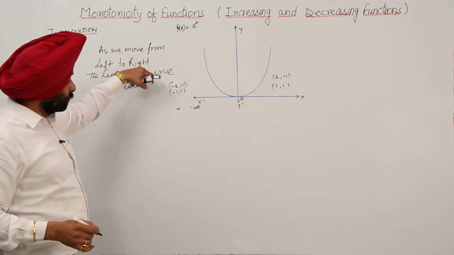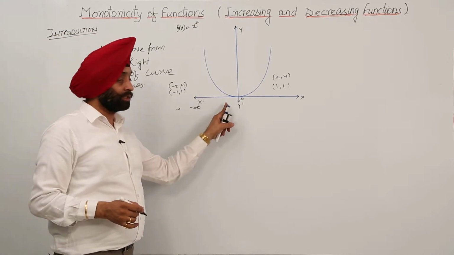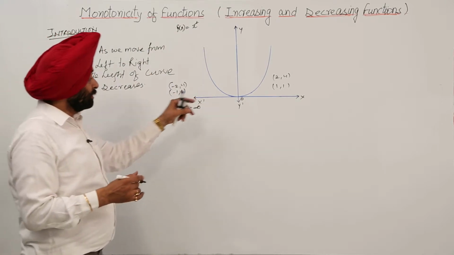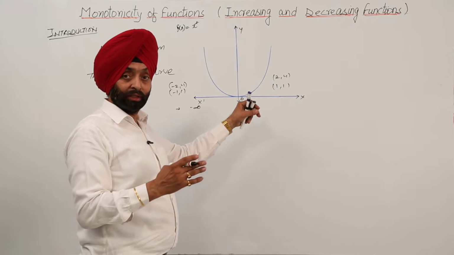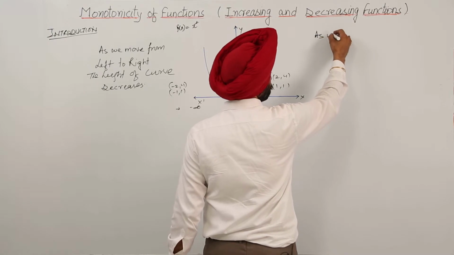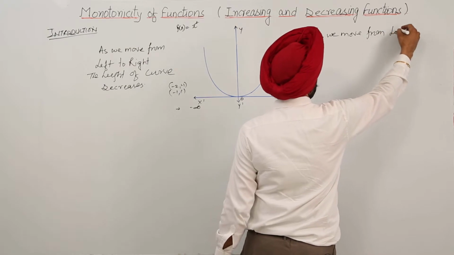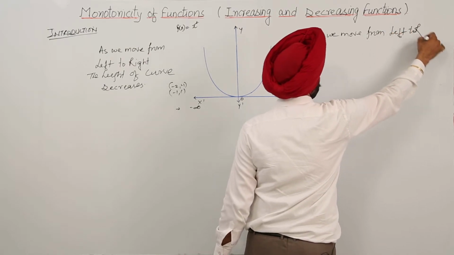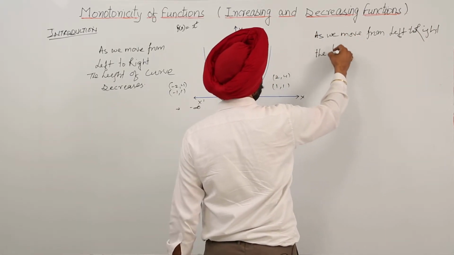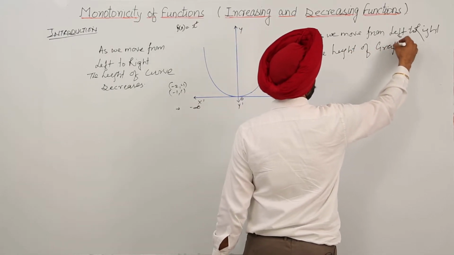As we go towards the origin, here it is -2, then -1, then 0, the height of the graph is decreasing. On this side, when the values are increasing, the height of the graph is also increasing. As we move from left to right, the height of the graph increases.